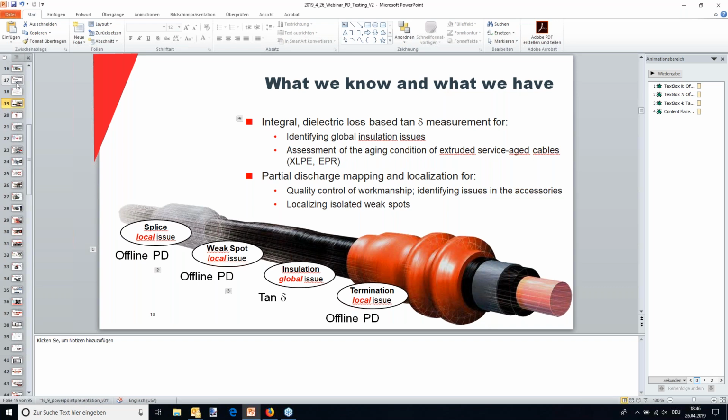You don't necessarily have to remove the terminations, but you should, if at all possible, disconnect from the switchgear or from the transformer. In the medium voltage world, this is typically fairly achievable. If it's not achievable, you will have the problem that you see reflections and you might get influence from the asset that is connected to the cable. So whenever possible, you should try to have just the cable.